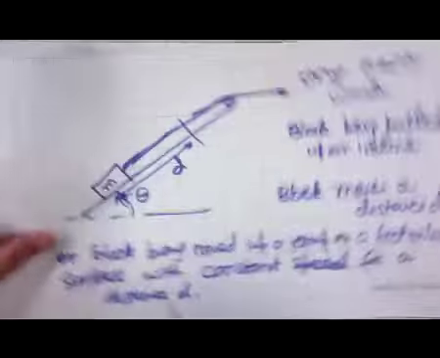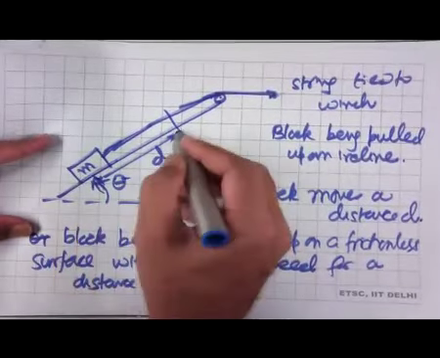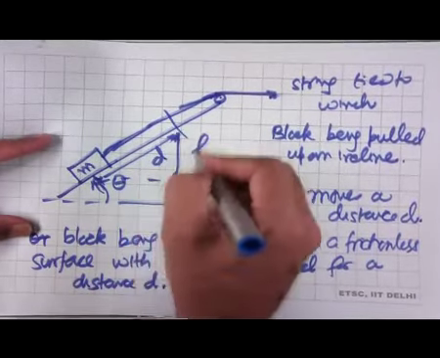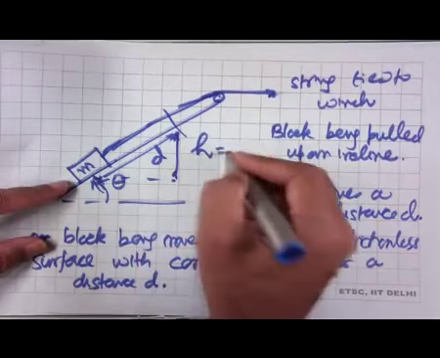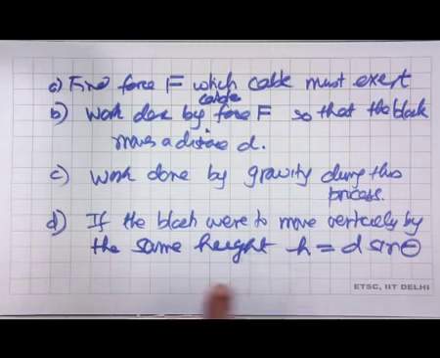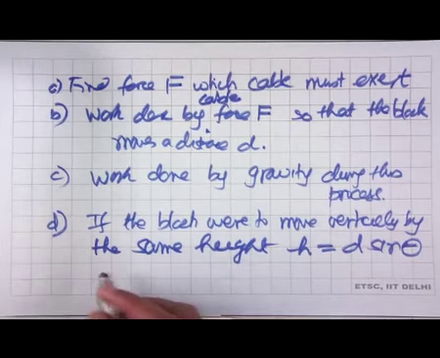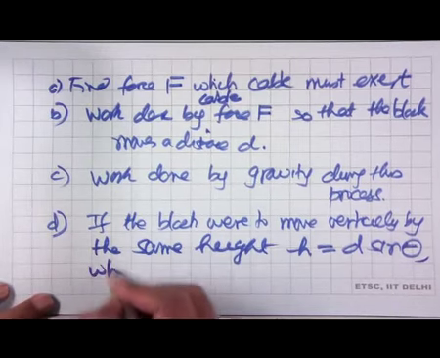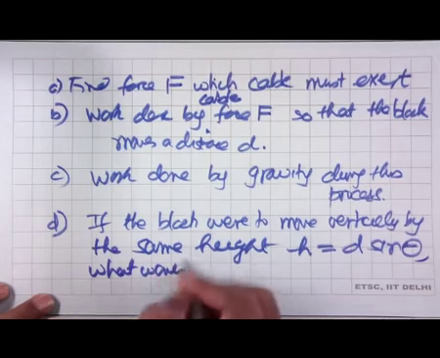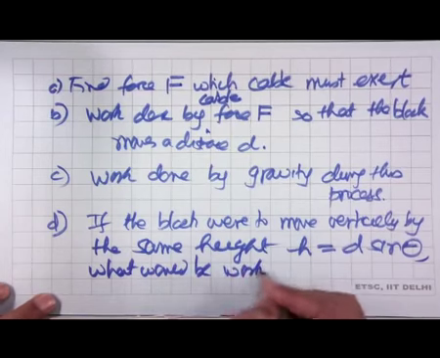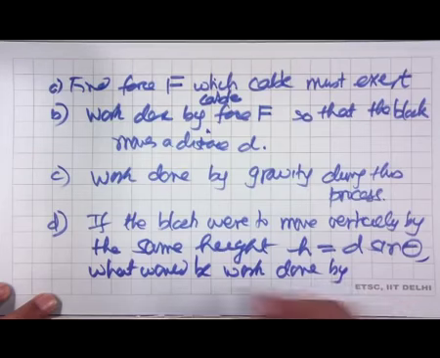So the vertical height the block moves up is d sin theta. If the block were to be carried up by a height h equal to d sin theta, what would be the work done by gravity?